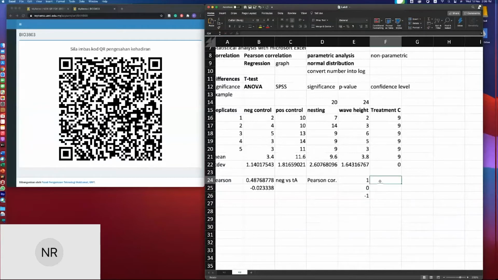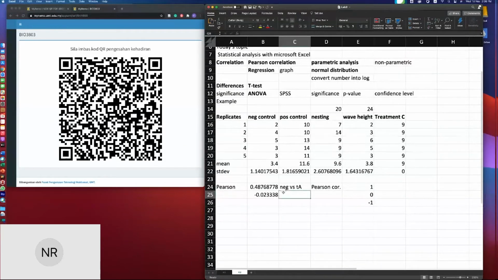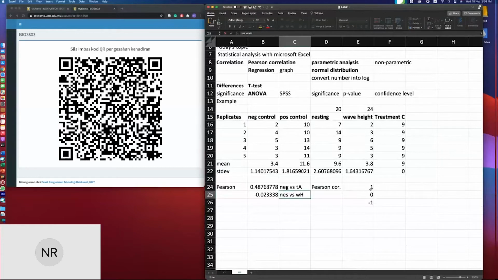In this instance, I'm comparing nesting versus wave height. Any numbers that are close to 1 are considered to have a very linear positive correlation, a strong relationship. What does it mean?